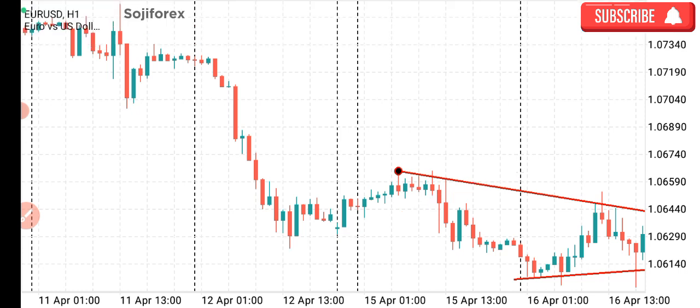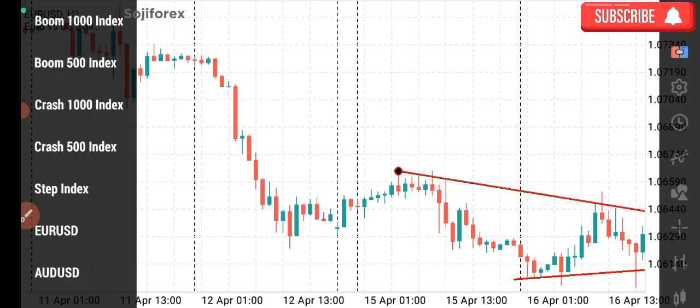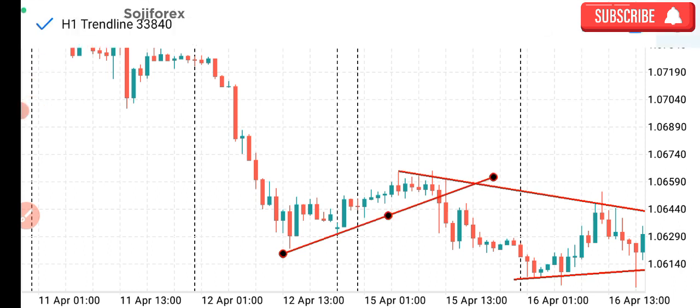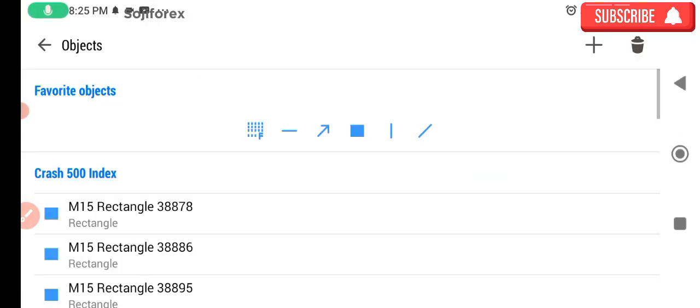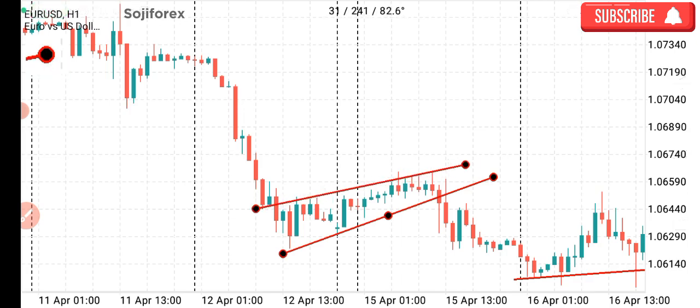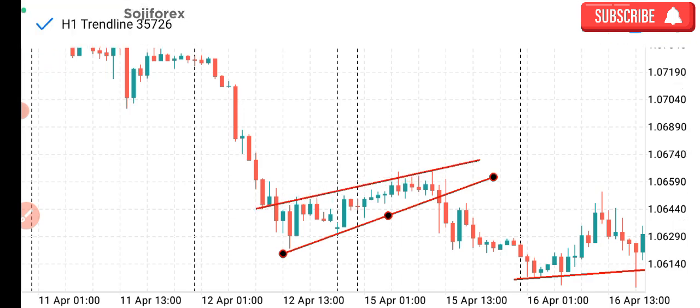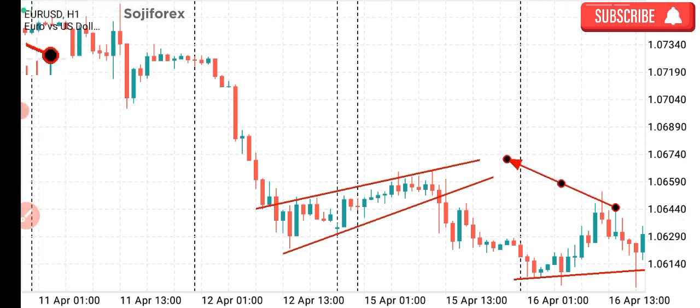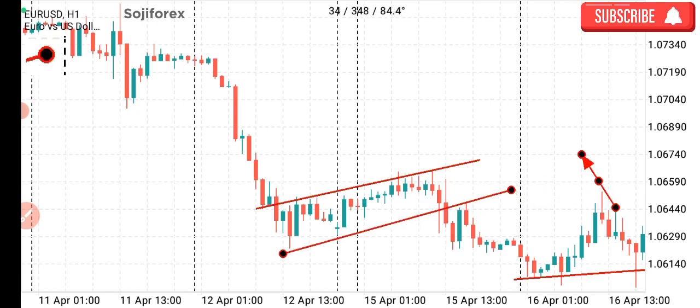This is a bullish, this now is a bearish flag pattern. This is a bearish flag pattern, and in this is a bearish flag pattern, and we have this move.